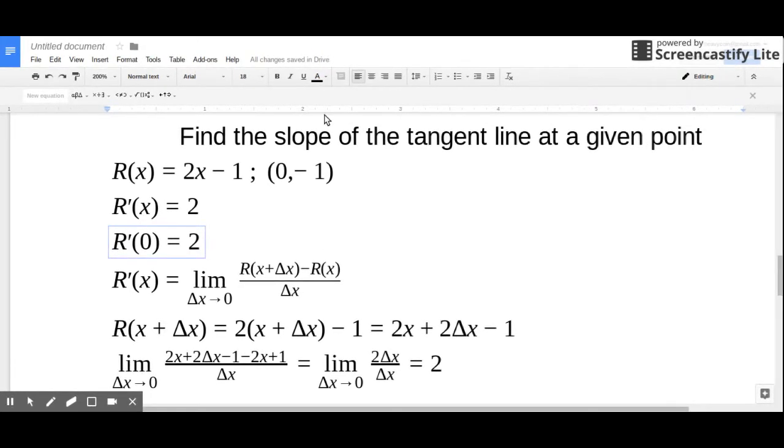And I think we have a little bit of time left, so let's take a look at this. This is 2x minus 1. Hopefully we got some time.